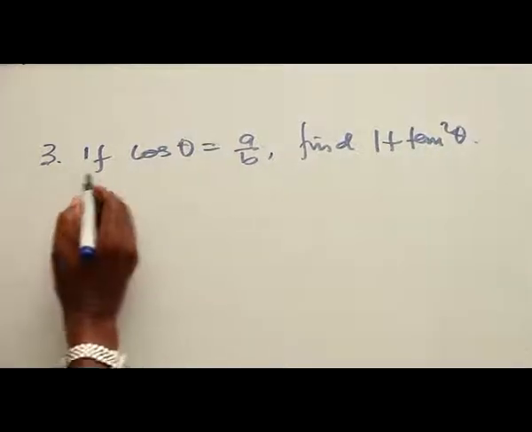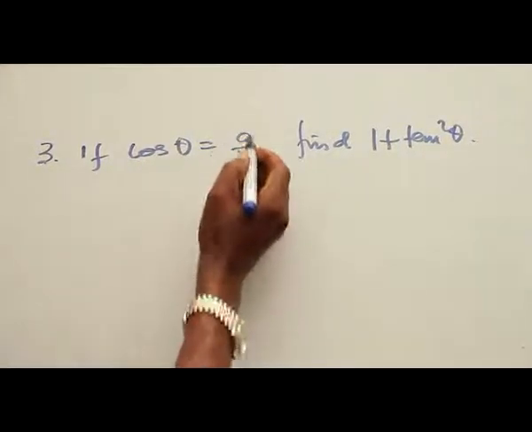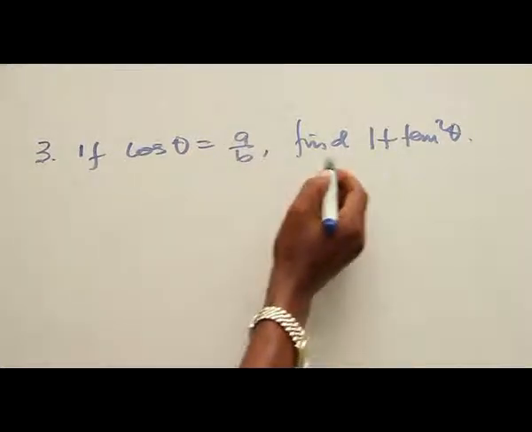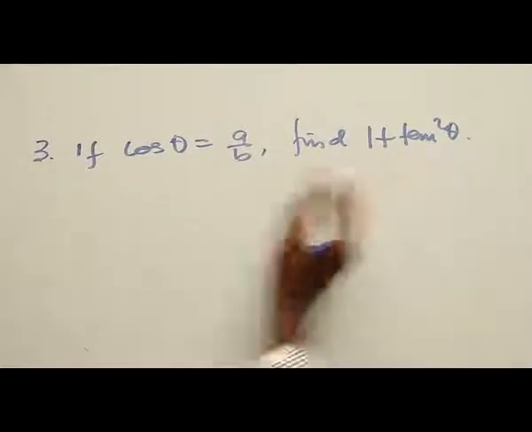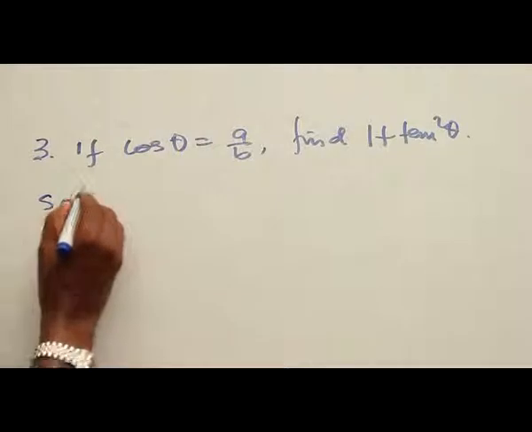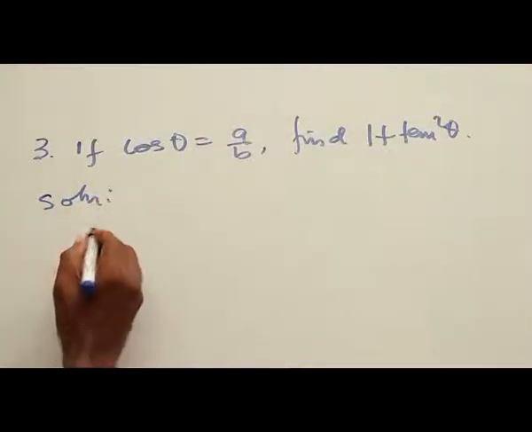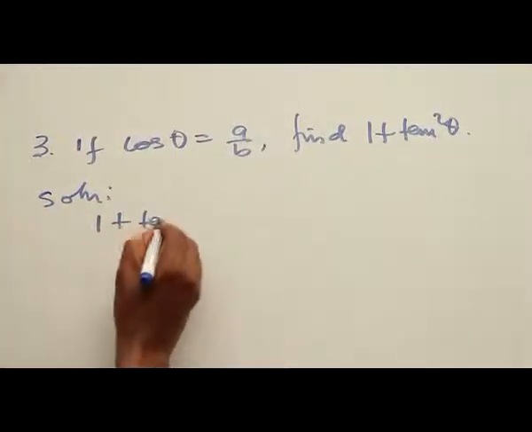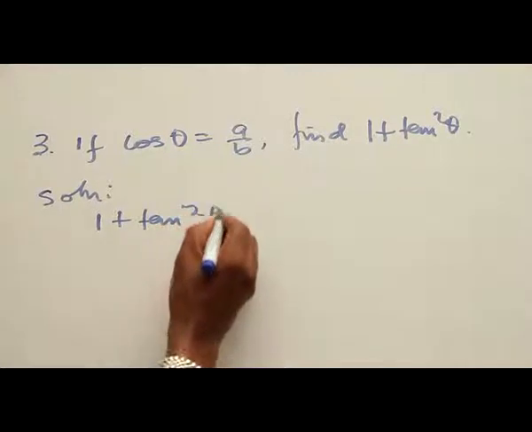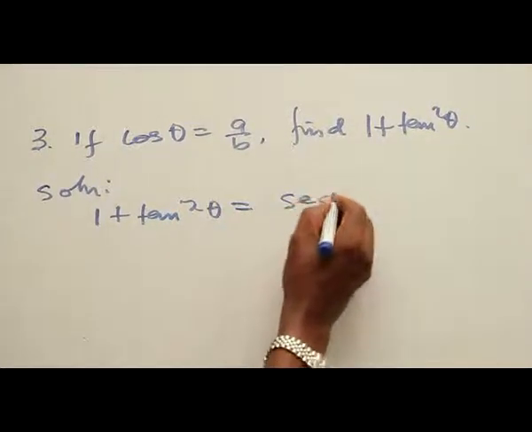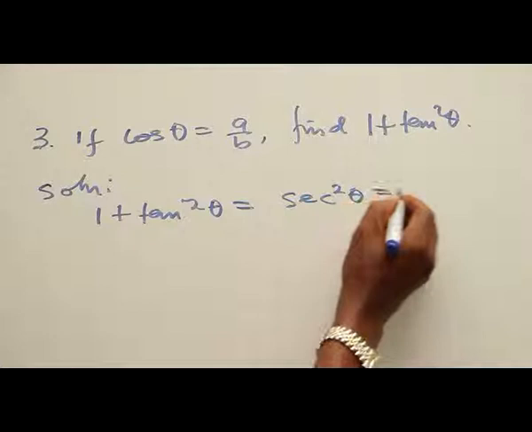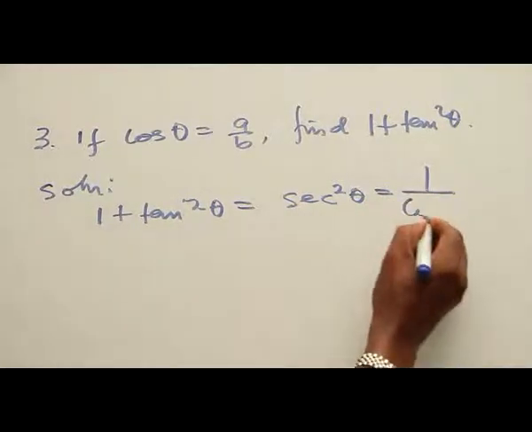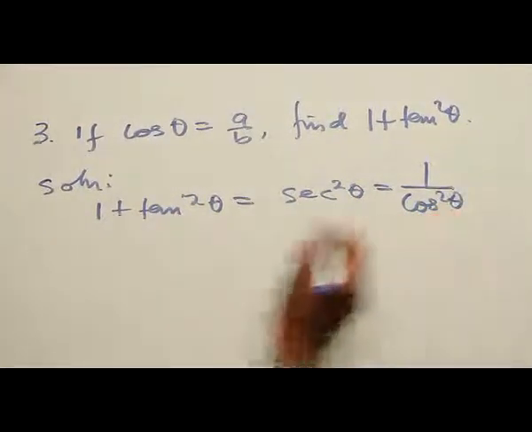Example number 3. If cos theta is equal to A all over B, find 1 plus tan square theta. Solution. Recall that 1 plus tan square theta is equal to sec square theta, and that means 1 all over cos square theta.